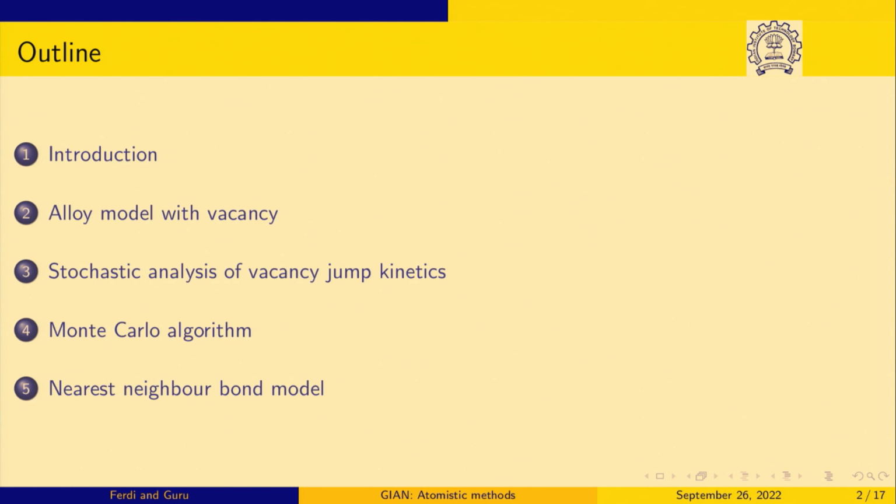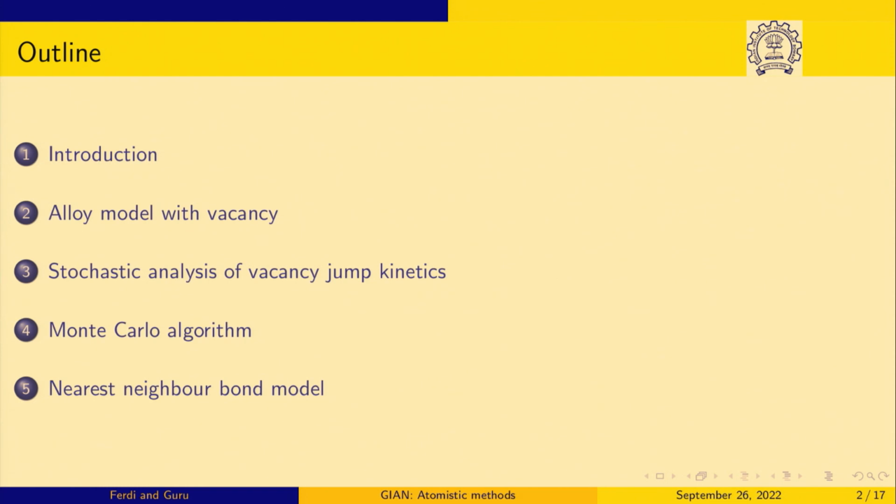And then I will show you the alloy model that is the basis of the analysis. And this is an alloy model in which we have introduced a vacancy, which also you saw. That is why I thought that this lecture can be a continuation. And then you do the analysis for vacancy jump kinetics, which is what gives us the corresponding Monte Carlo algorithm, which is known as residence time Monte Carlo algorithm.